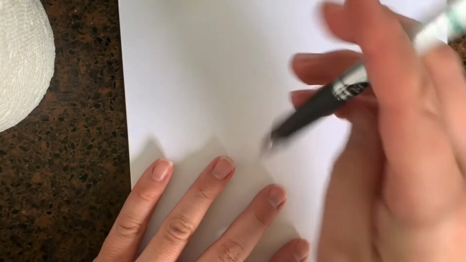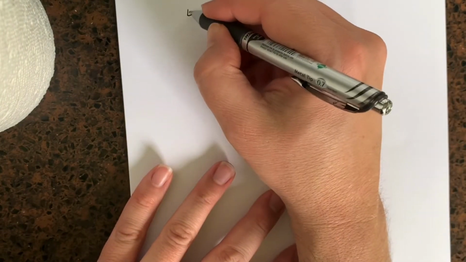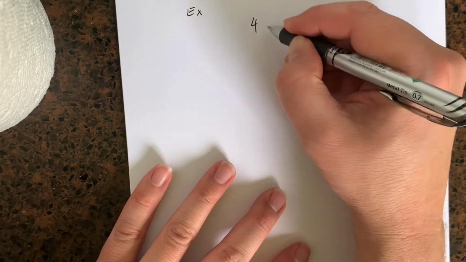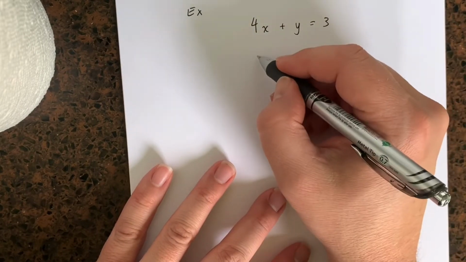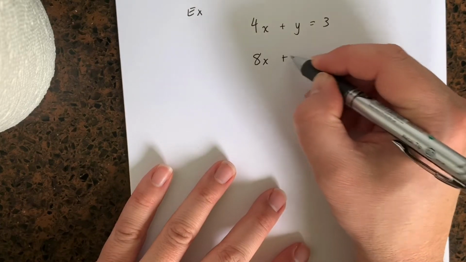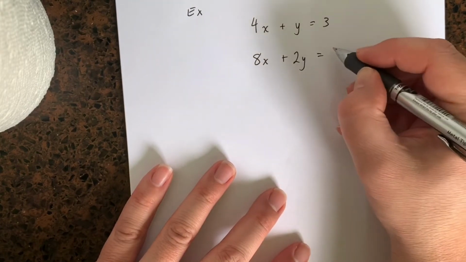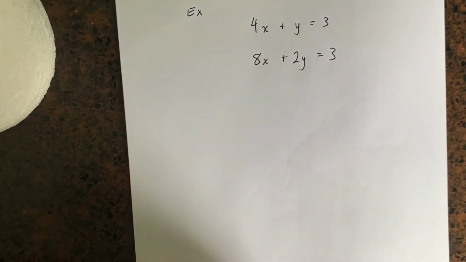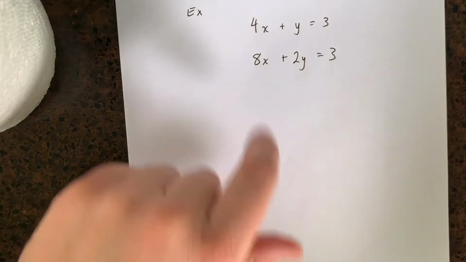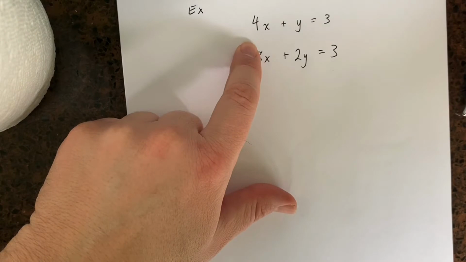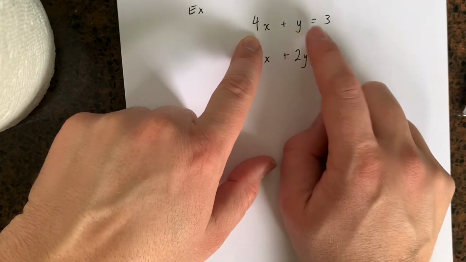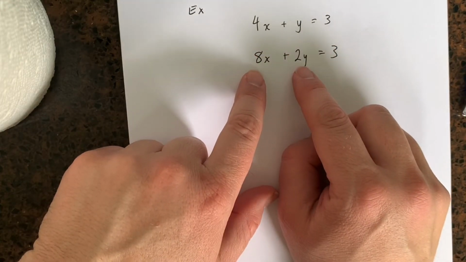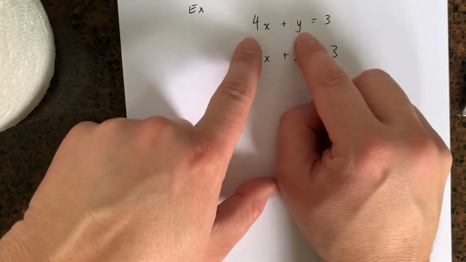If, for example, I had the equation 4x plus y and 8x plus 2y, these vectors are linearly dependent because 8x plus 2y is just 2 times 4x plus 1y.